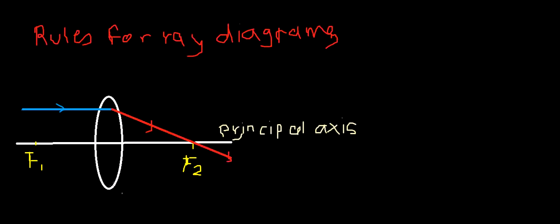So when the ray is parallel to the principal axis, then the refracted ray passes through the focus. So this is my incident ray, and this is my refracted ray. Now this was our rule one.